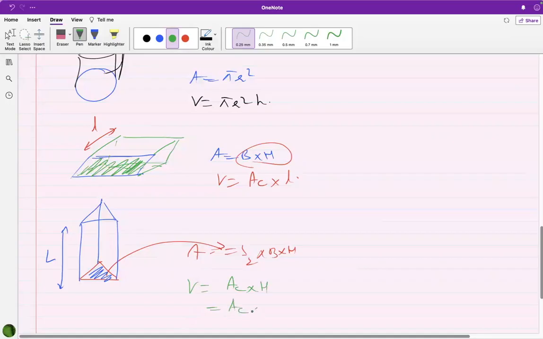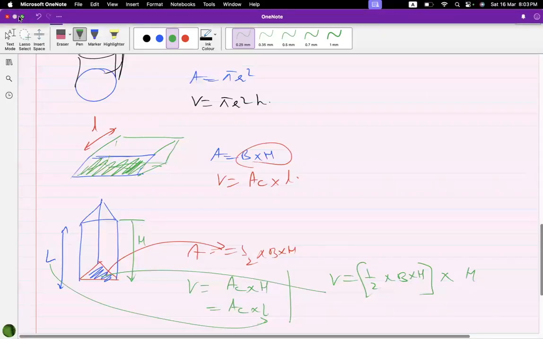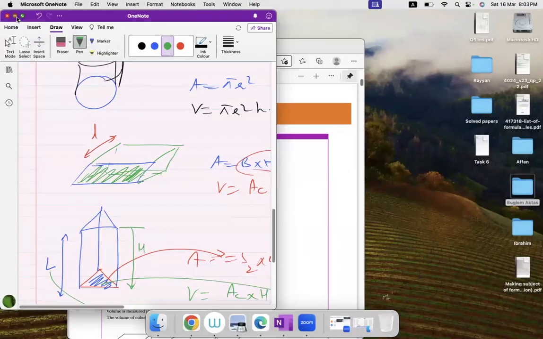That would be basically this area, which is 1 by 2 into base into height, this base and height being for that triangle, into the overall height, which is between these two. So either you call it L or you call it this new height. This is the difference between 2D and 3D. If you already know the 2Ds, we can multiply it.